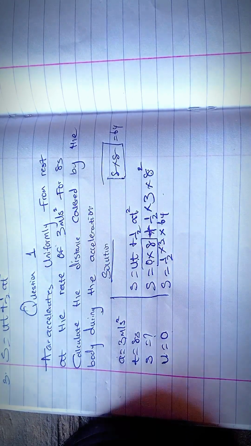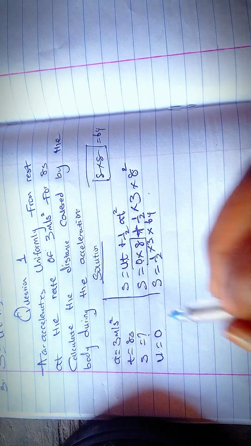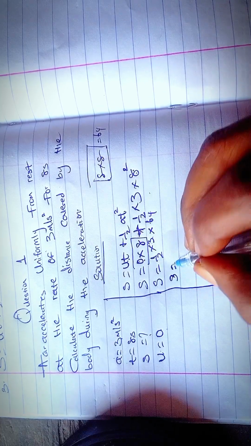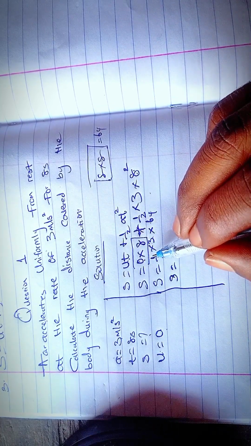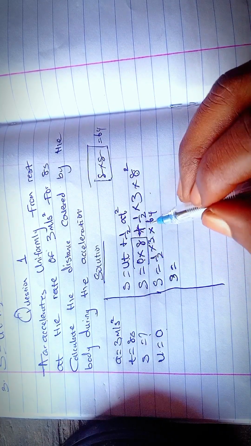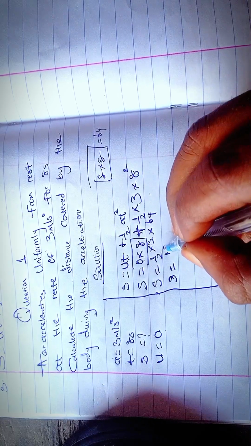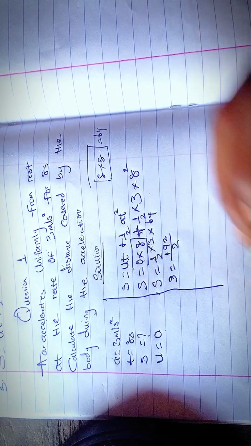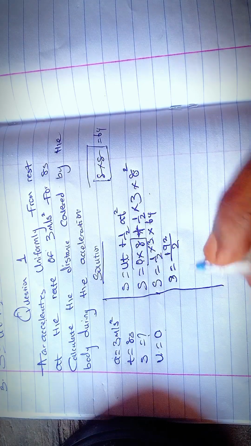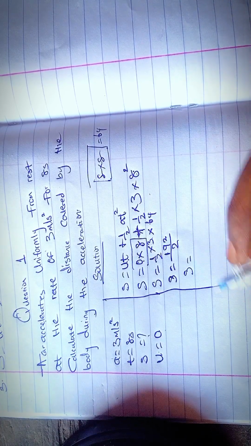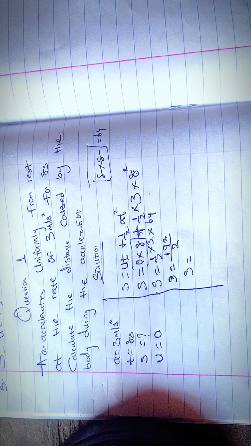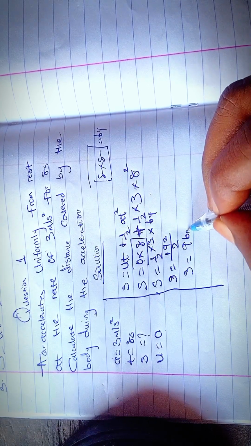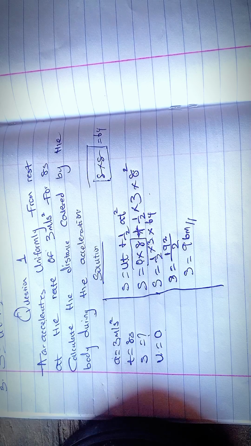So let me draw the line downwards. s equals 192 all over 2. Now you divide: 192 divided by 2 will give us a total of 96 meters. So guys, that is it.